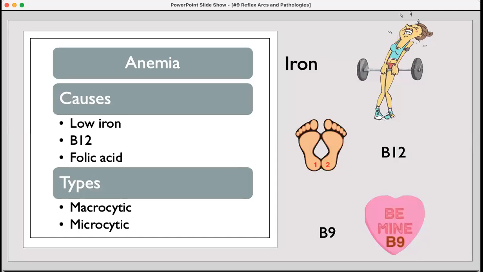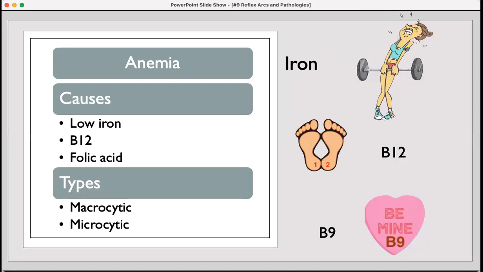The three things that can cause vitamin and mineral deficiencies that can cause anemia include low iron, B12, and also folic acid, so B9.